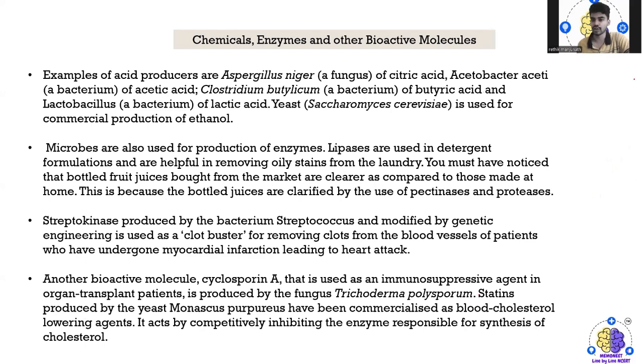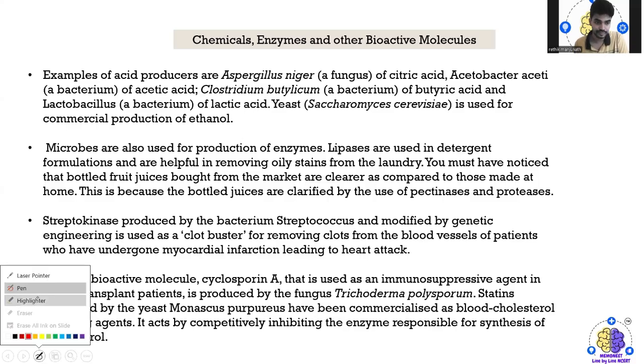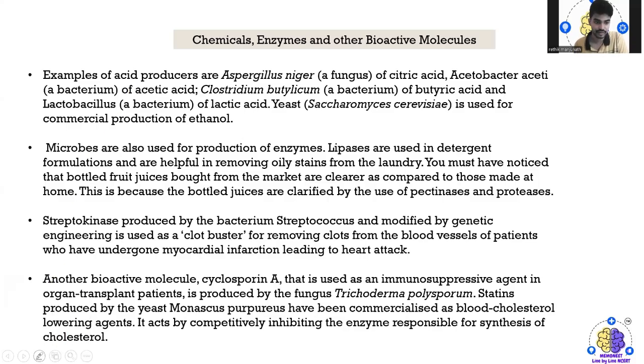The next part we are going to explore is the chemicals, enzymes, and other bioactive molecules from microorganisms. If we see acid producers, Aspergillus niger, which is a fungus, produces acetic acid.